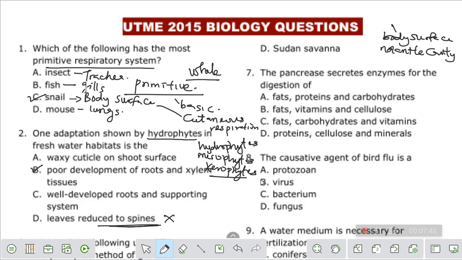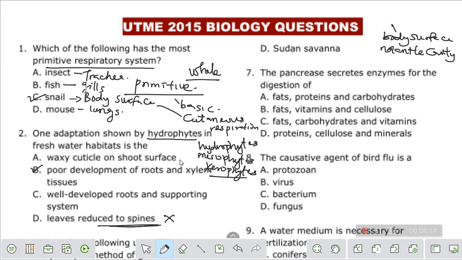Though we say in a desert there will be little water in the soil, the plant can still penetrate the soil so that it can absorb little water or moisture. But hydrophytes are already in the water, so they don't need extensive roots, right? That's why we choose poor development of roots and xylem.